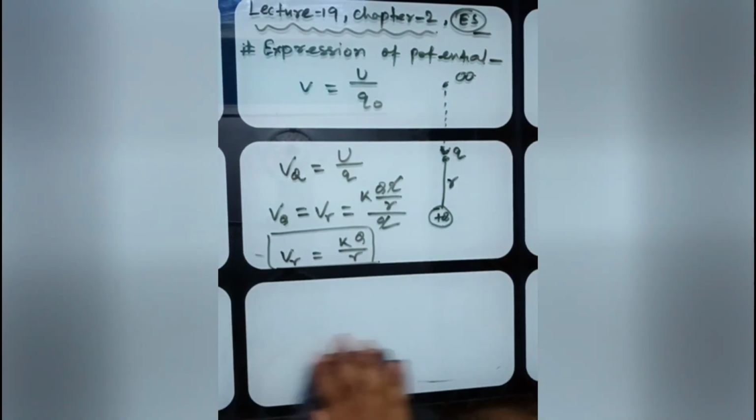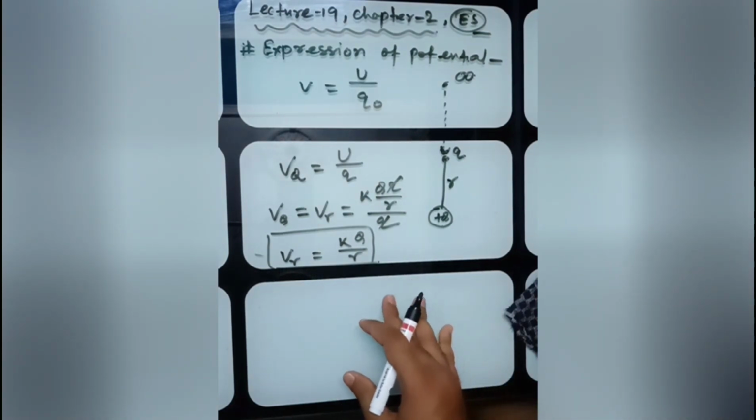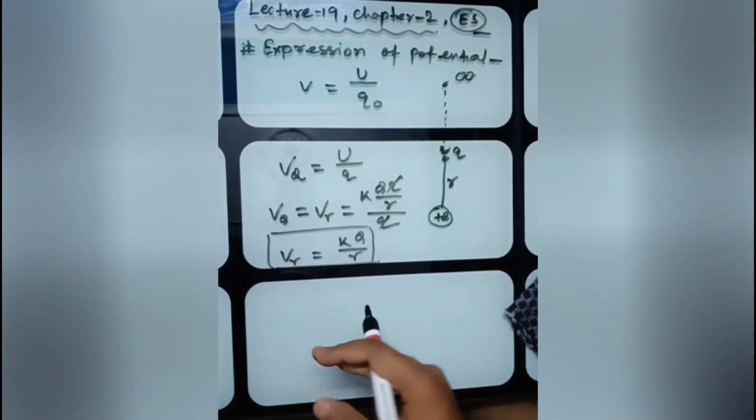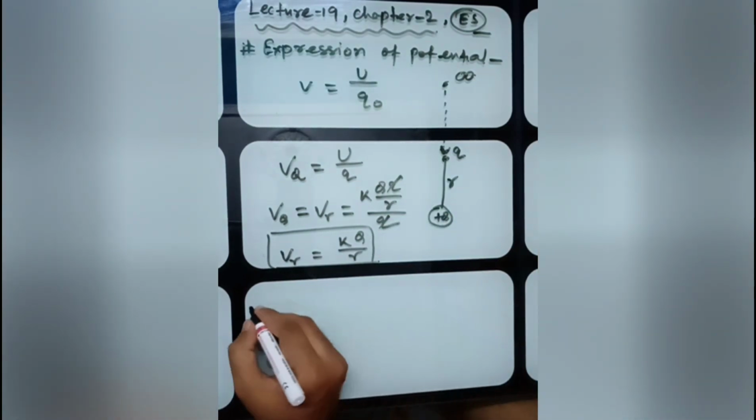Now it is also mandatory to correlate the potential. If you have written the potential energy for positive and negative charge, then you should ask, sir, can we write the potential also with positive and negative sign? The answer is yes, of course.